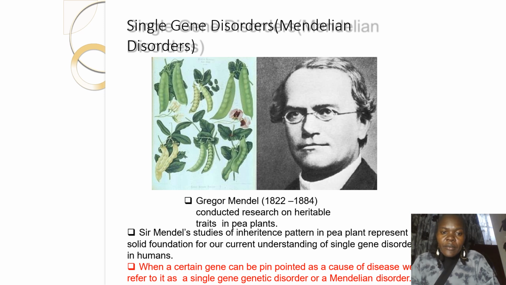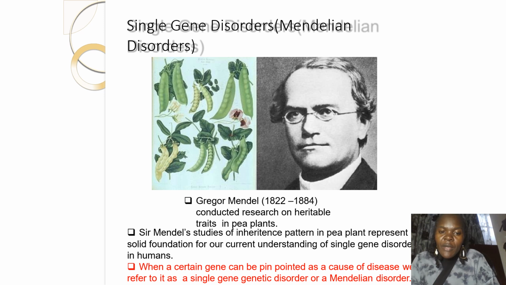Studies have given us a solid foundation in understanding single gene disorders in humans. When you can pinpoint a specific gene to be the cause of a disease in a pedigree or along the germline, then you can say that it is a single gene disorder or Mendelian disorder.